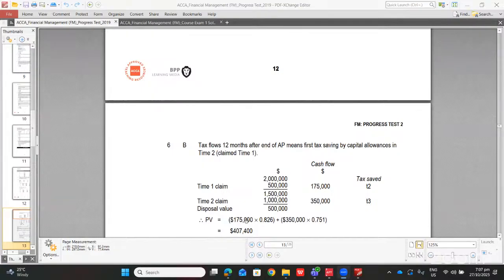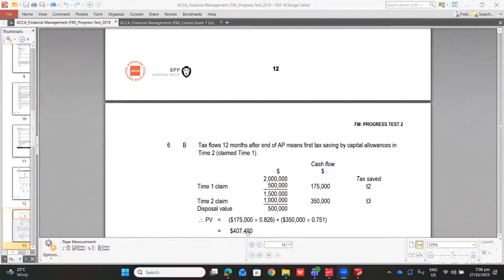That means you have to look for the discount factor at 10% for time 2, right? And the 350,000 would be in time 3. So you have to look at the discount factor at 10% for time 3. Then when you discount those cash flows and add them up, you get the present value of 407,400. That is a little bit strange, because you have to work with the closest answer that is there.